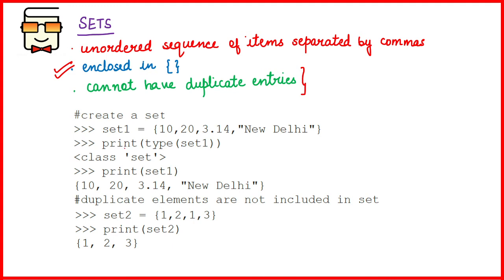Okay, so as you can see in the example here, we have declared a set called set1, and while defining the set, we have enclosed its elements in curly brackets, and these are the elements. It has 4 elements which are of different data types. Now when we print the type of set1, you get that this particular variable belongs to the class set, or it belongs to the data type set.